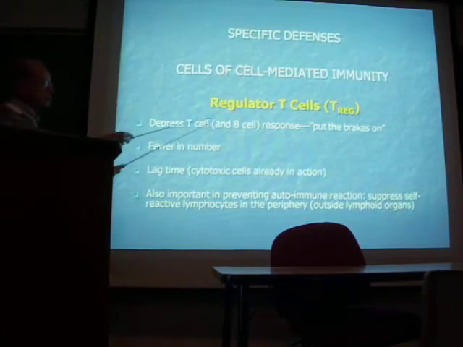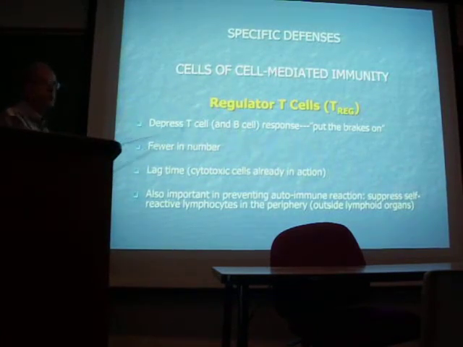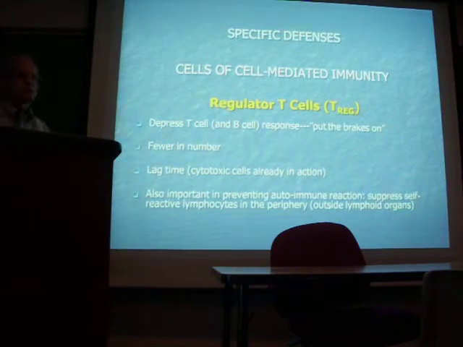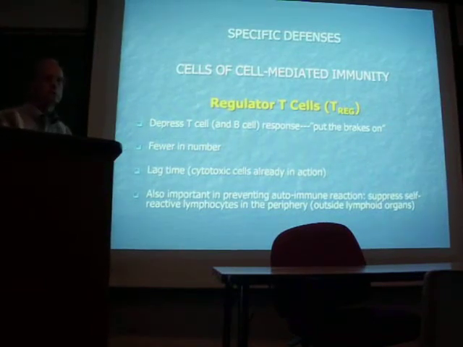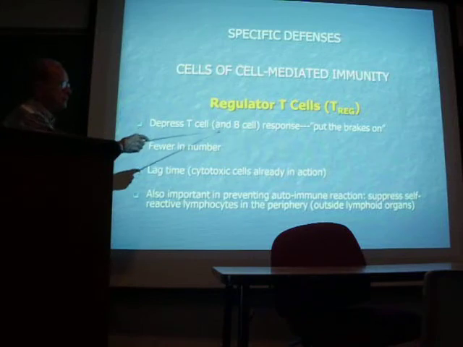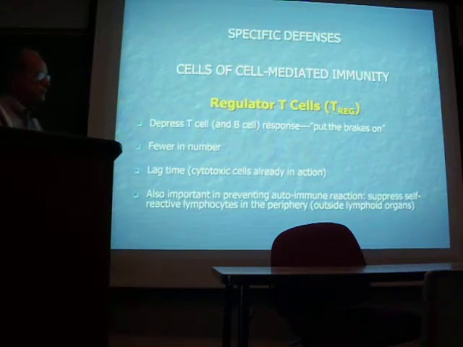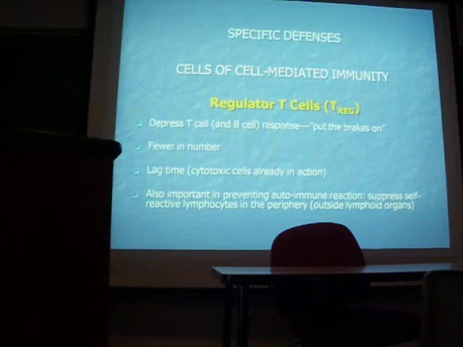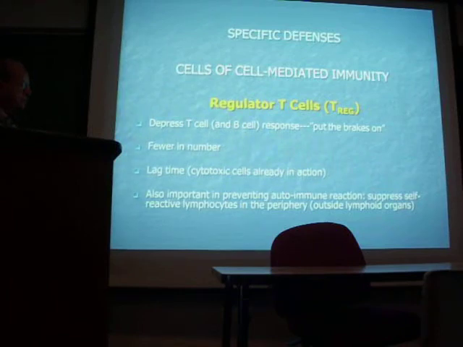So what they are doing is they are depressing the cytotoxic T cell response. They also suppress B cell response, but they're essentially putting the brakes on the immune response. They're slowing it down.